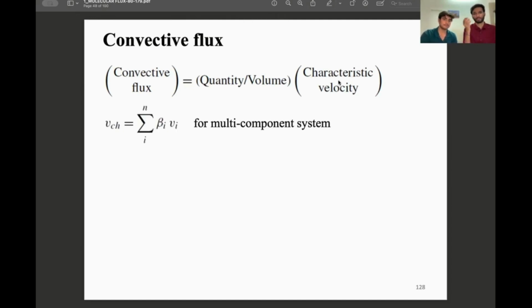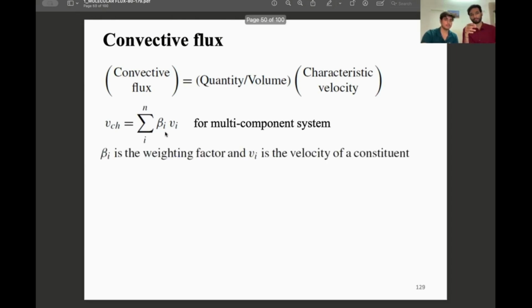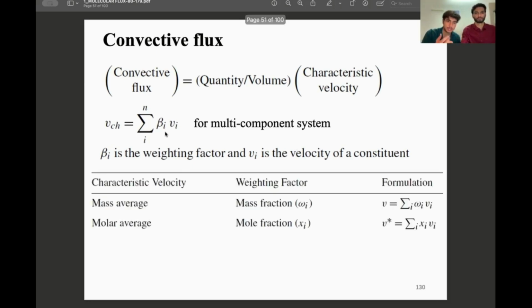Similarly, for a multi-component system, the characteristic velocity will also change, as the individual velocity of each component is summed to give the total characteristic velocity, which equals the summation of beta i into Vi. So basically, beta i is the weighting factor, and Vi is the velocity of a constituent, since each constituent will have its individual velocity and its individual beta i.